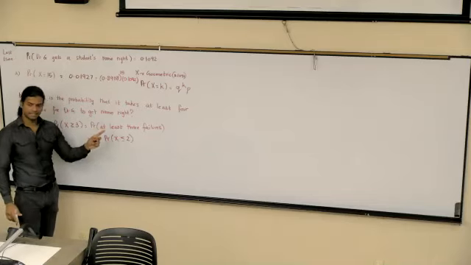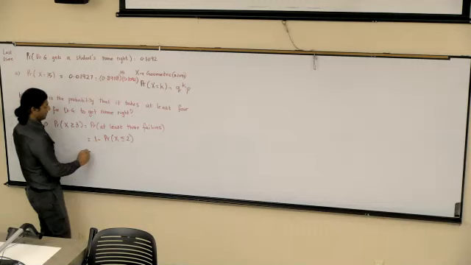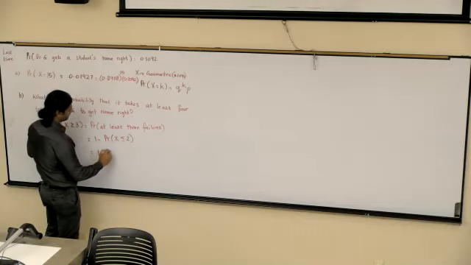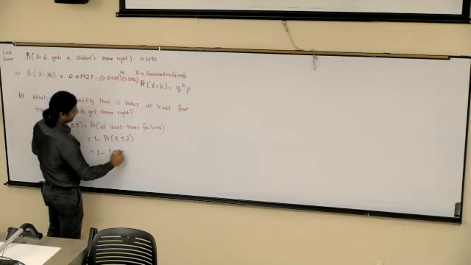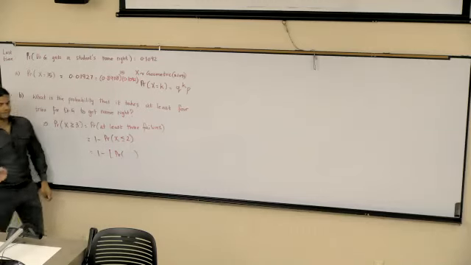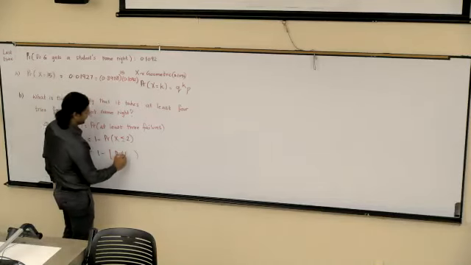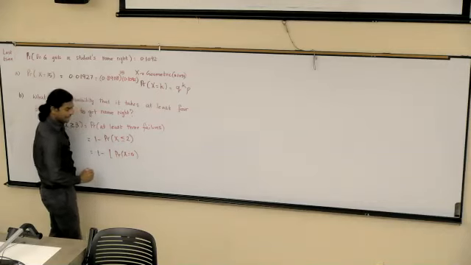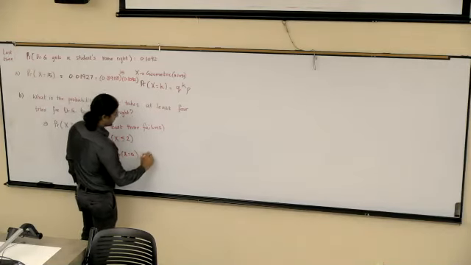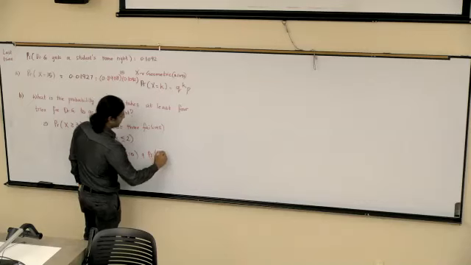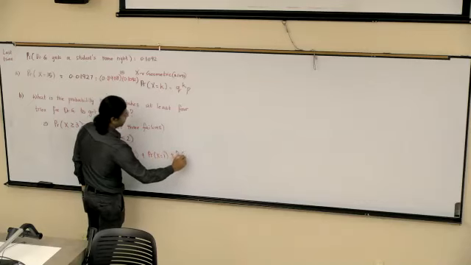Probability x less than or equal to 2 would mean 1 minus... If I have to write it as individual probabilities, what would I get? X equals 2, x equals 1, x equals 0. Either x is 0, or x is 1, or x is 2.